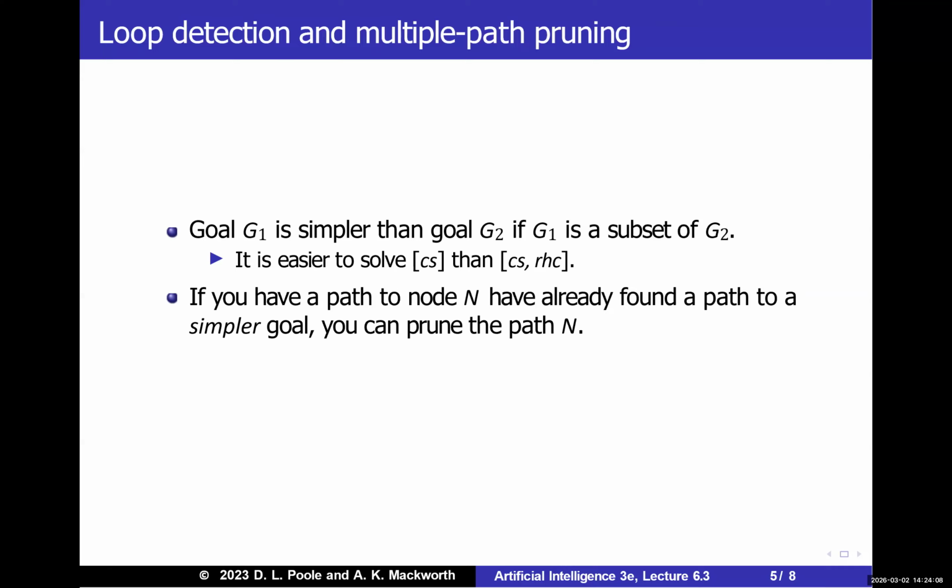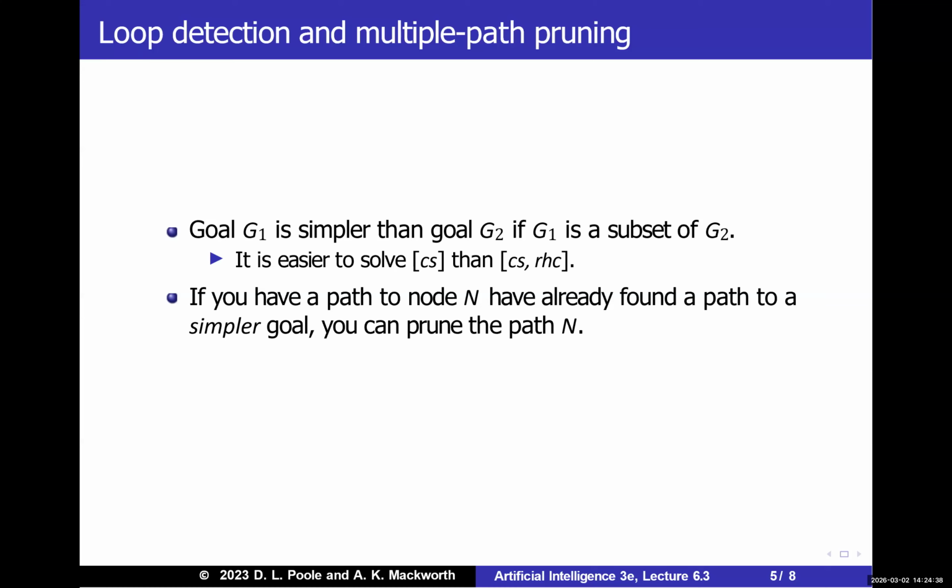Now, as we search whether forward or backward, we can easily revisit the same state or sub-goal multiple times. Loop detection prevents us from exploring cycles where we return to a state already on the current path, and multiple path pruning prevents us from exploring different paths that lead to the same state when we've already found a simpler or better path. In regression planning, there's an additional idea.